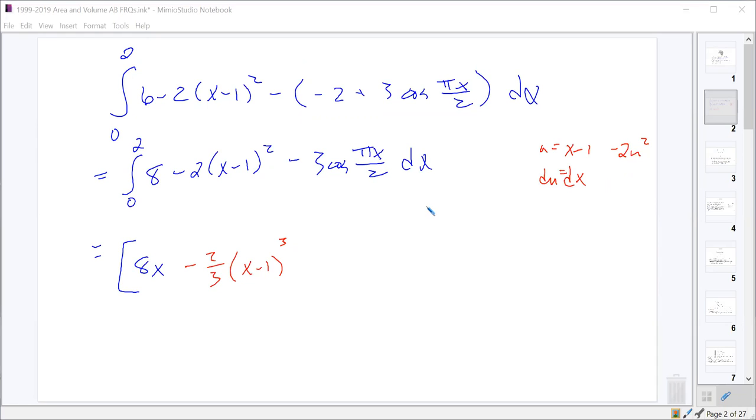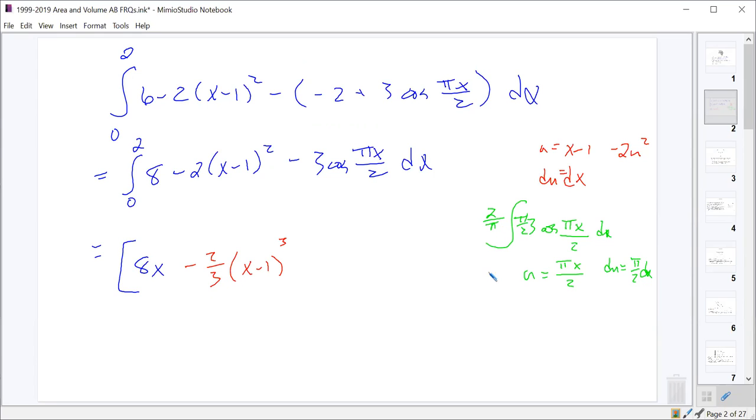Then for 3 cosine pi x over 2, what's the u substitution going to be? Pi x over 2, yeah. So du will be pi over 2 dx. That means within the integral, we have to put in a pi over 2, and outside the integral, we have to put a 2 over pi.